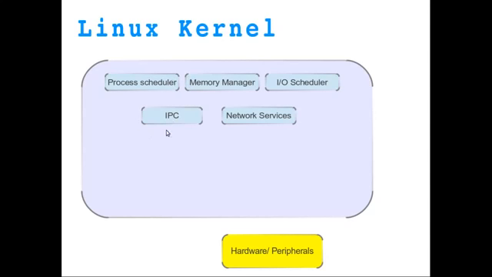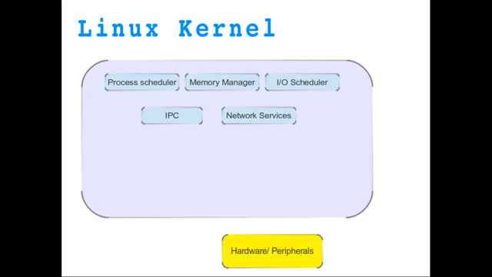Also, the kernel is composed of IPCs, and IPCs are inter-process communications, and this comes into play specifically with multi-threading, allowing for semaphores. If you don't understand some of these concepts, it's alright. In due time you will. It's also for locking.